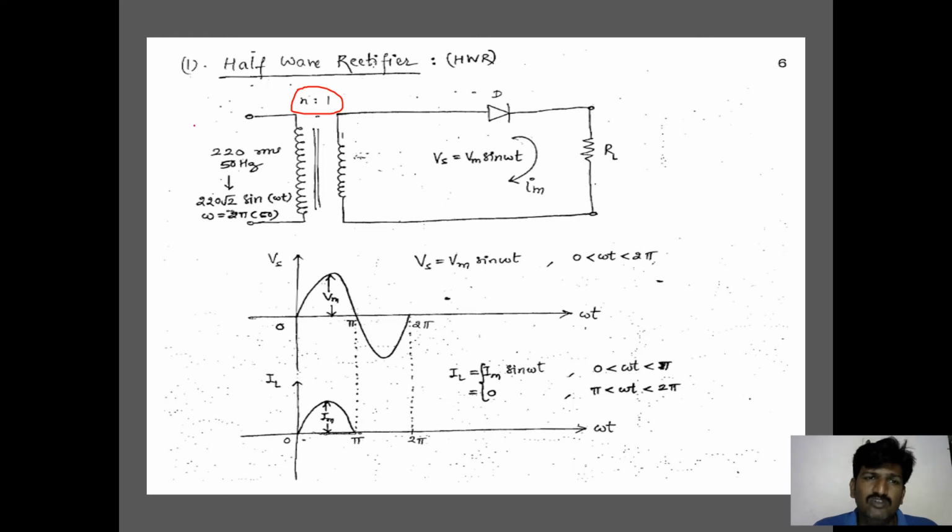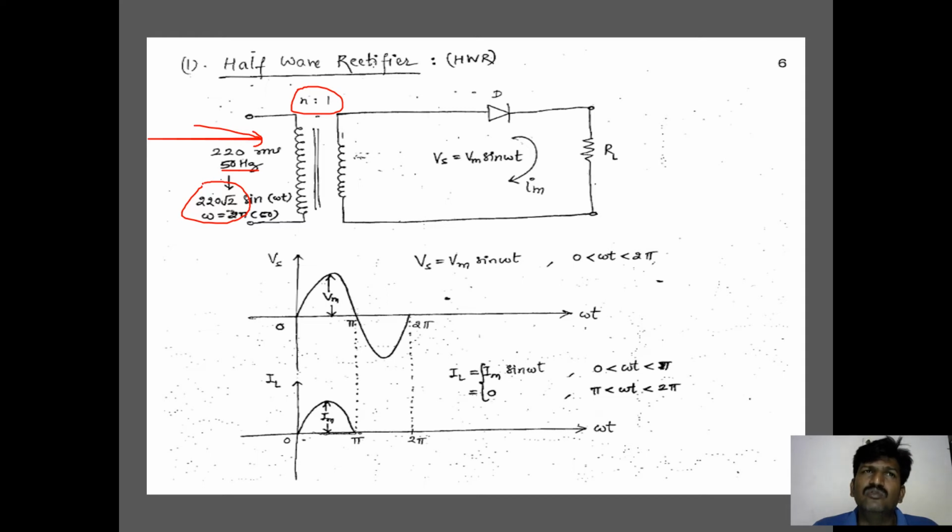But you have to remember the input of the rectifier is always an AC signal. Generally the home supply is 220 volts RMS. You can convert this RMS value into the peak value.